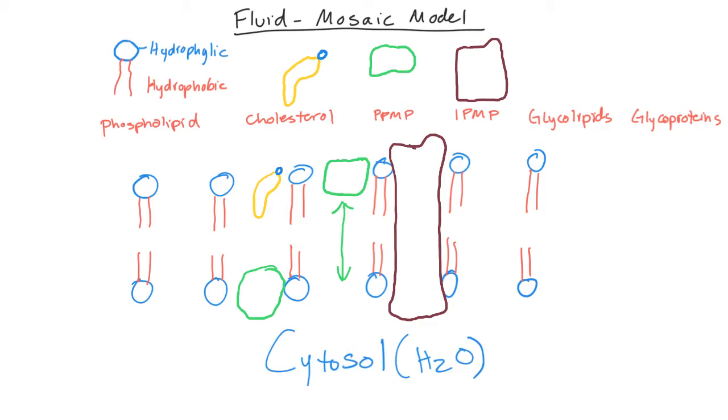And these make great channels, okay, for things to get in and out of the cell. The peripheral and integral ones may be receptors, they may be enzymes. There are a number of functions in the list from the video lecture. Okay, and some of them may have the same function, but may do it slightly differently.